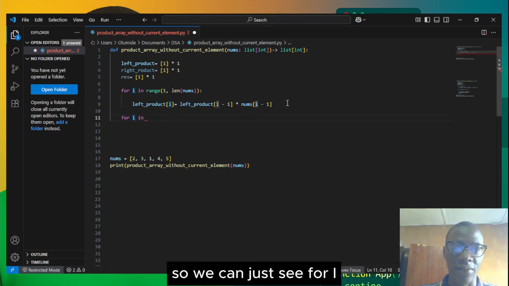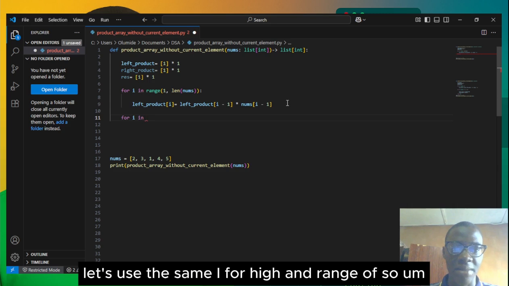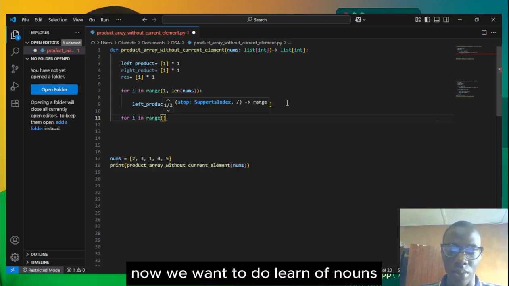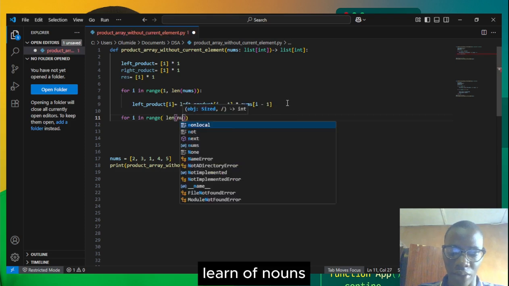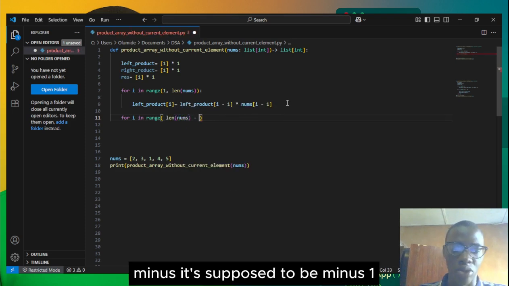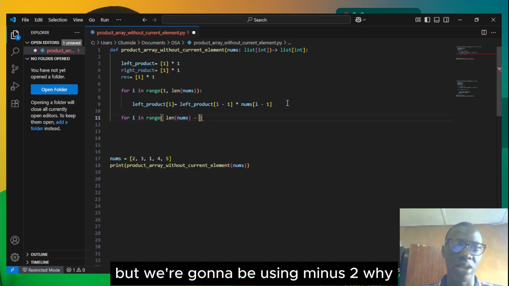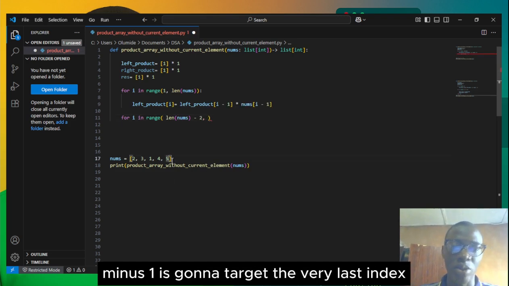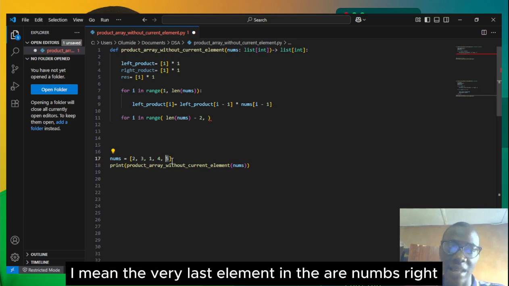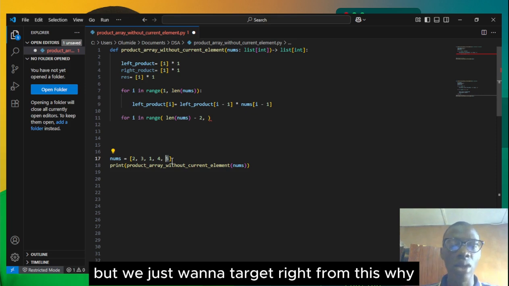So let's use the same i: for i in range of len of nums minus, it's supposed to be minus 1, but we're going to be using minus 2. Why? Because len of nums minus 1 targets the very last element in the array nums.